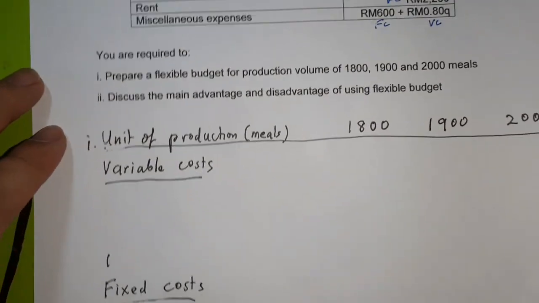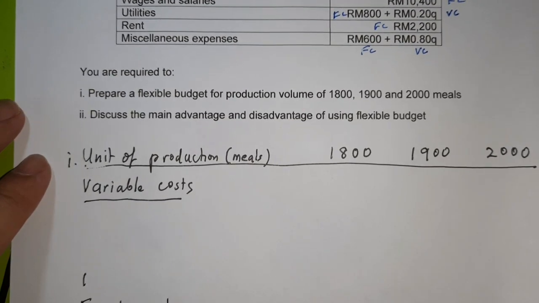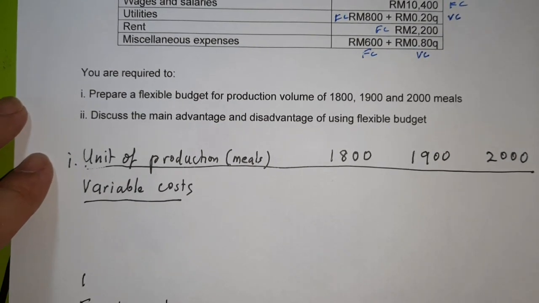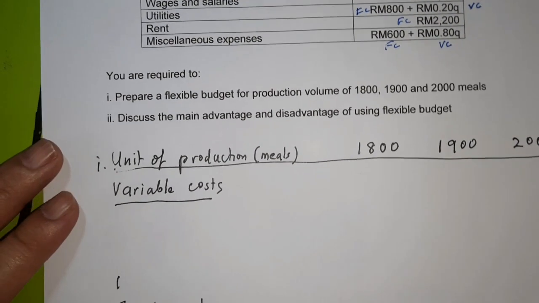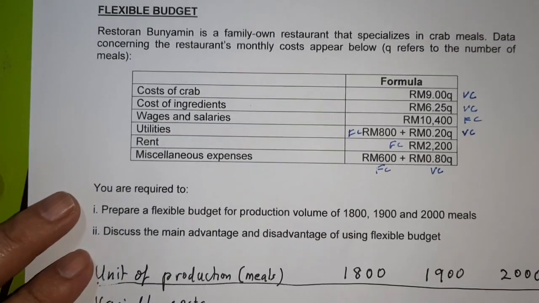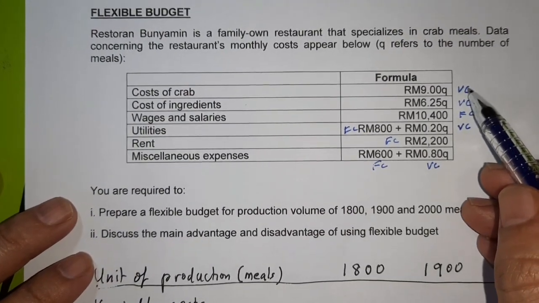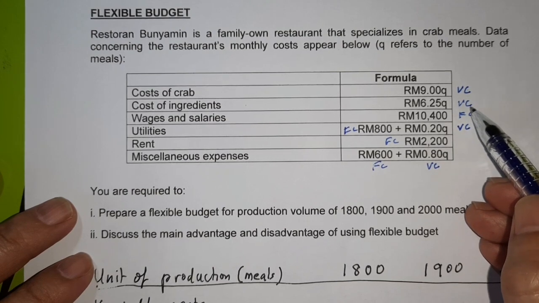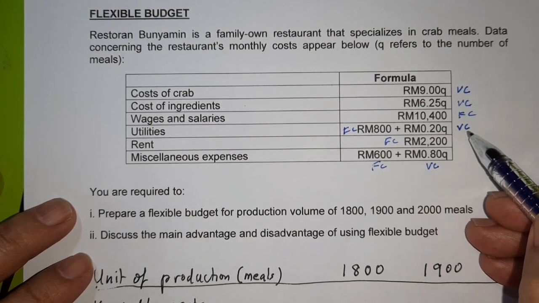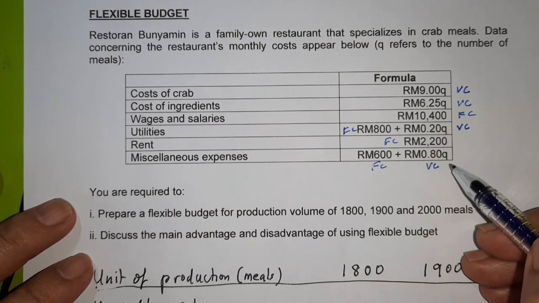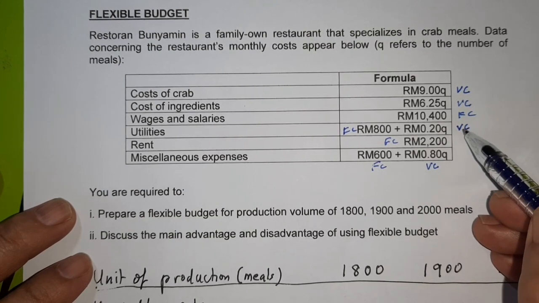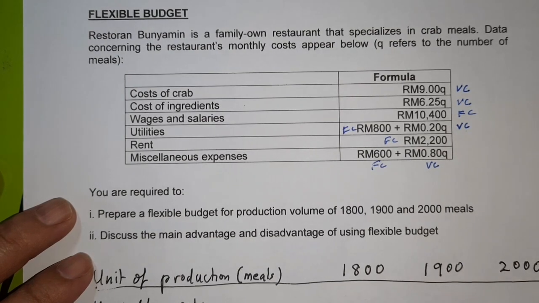Okay, so now, the variable cost here. Let's see. So how many variable costs we have? Cost of crabs, cost of ingredients, utilities, and miscellaneous expense. Okay, there are 1, 2, 3, 4 variable costs.